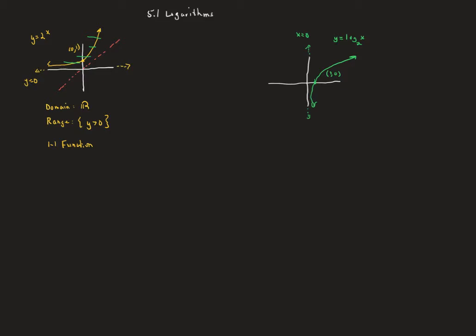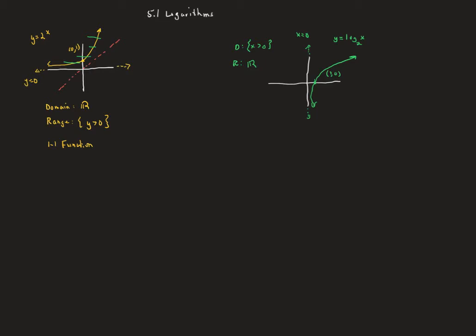Because it is an inverse, the domain and range get switched. So the domain of the inverse function, a logarithm, will be the same as the range of the original function 2 to the x. And likewise, the range will be the same as the domain was for the original.